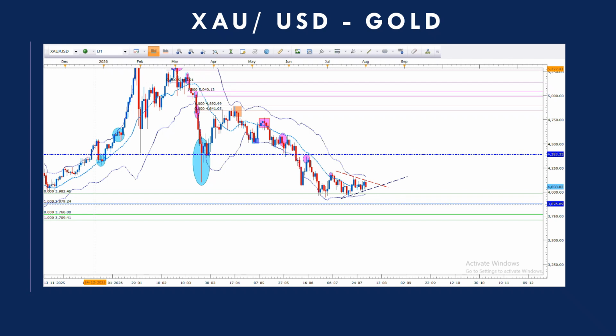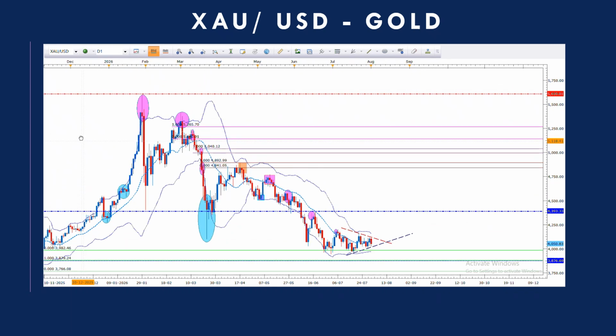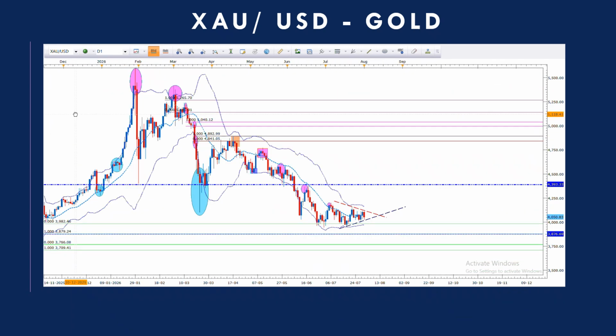The chart on our screen is that of XAU/USD, which is the gold based ETF, and we're looking at the daily chart.